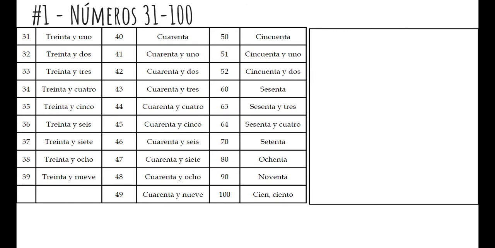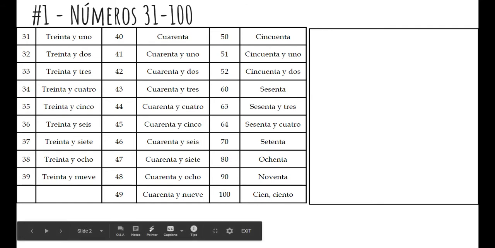You see a couple of examples there of 51 and 52. It follows the same pattern, 51, 52. You've got 60, you've got 70, you've got 80, 90. And 100 is cien or ciento, which we'll talk about the difference of those.